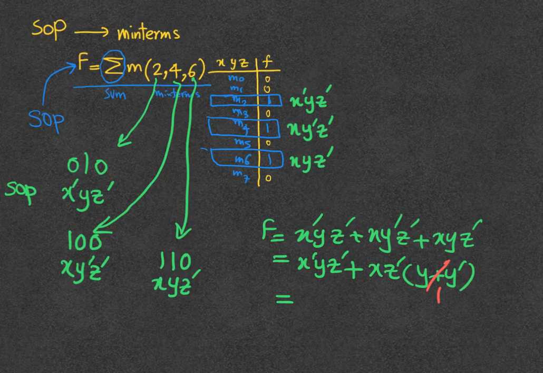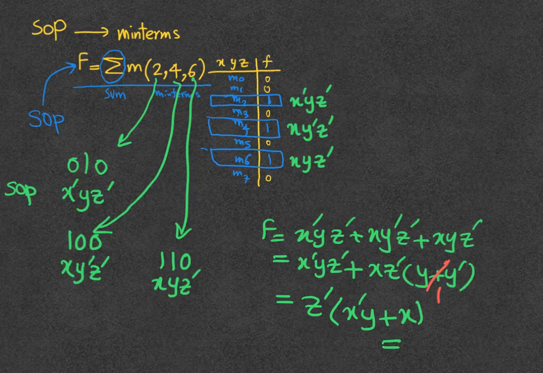Then I get z prime factorized from these two terms. I get x prime y plus x. And again, as we explained, if you have x plus x prime something, that x prime can be removed. So you get z prime multiplied by y plus x.